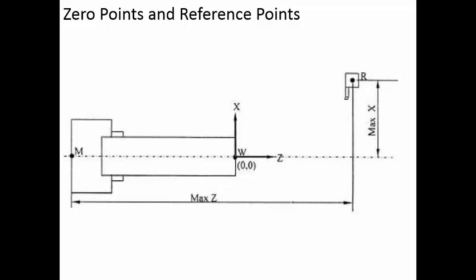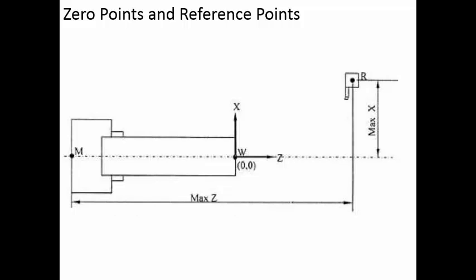Otherwise, if you have written the program in one coordinate system and you use a different coordinate system, then the workpiece is going to be rejected, because there will be an offset distance between the two origins.